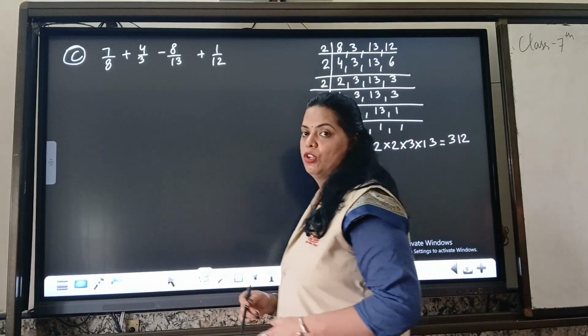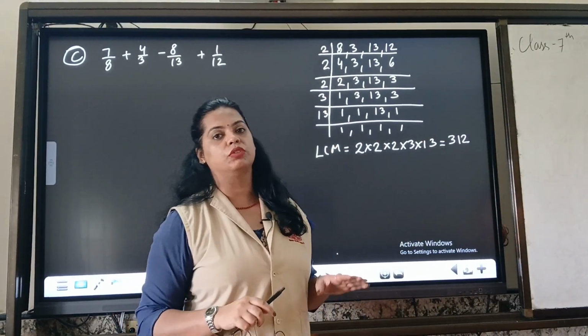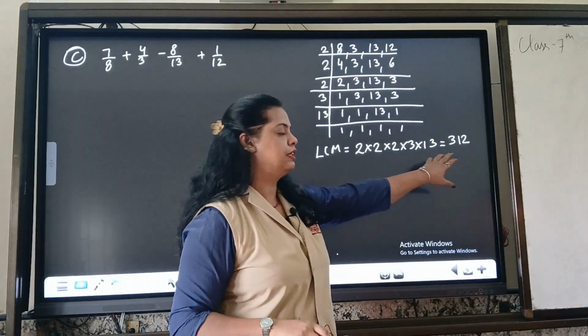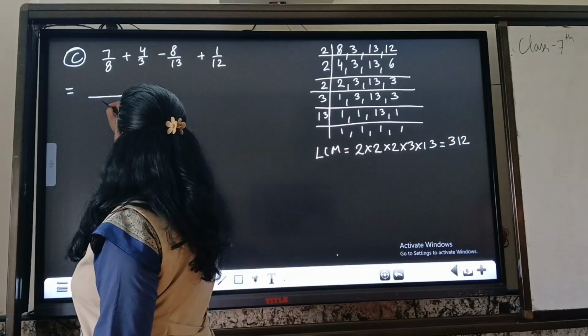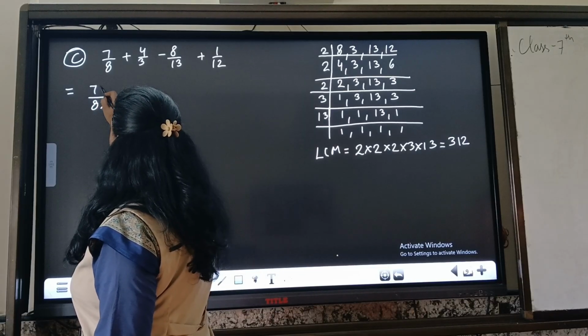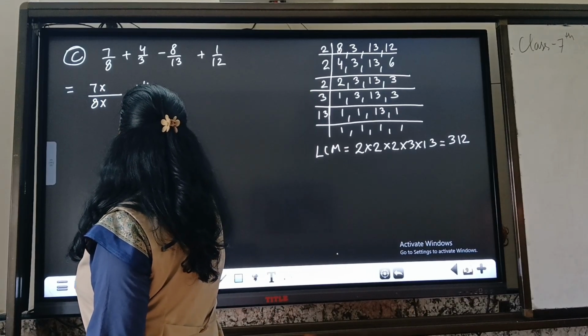Now each and every denominator should be converted into the LCM value. What is the LCM? 312. What are we going to do? We will try to convert each of the numbers into 312. Which number is to be multiplied? We will decide right now.